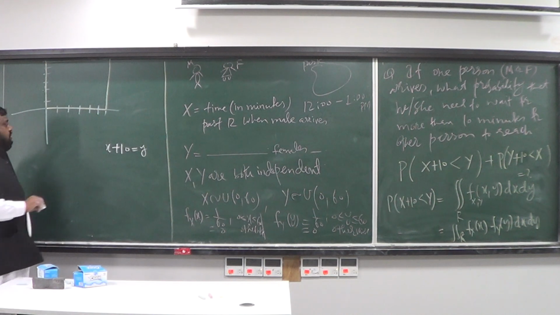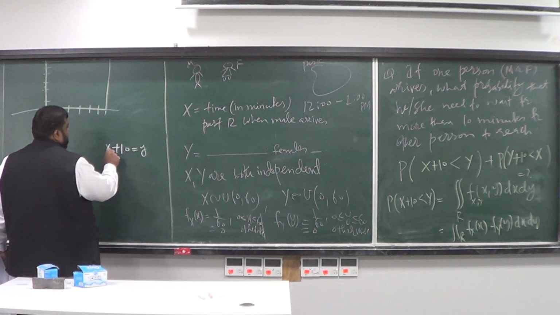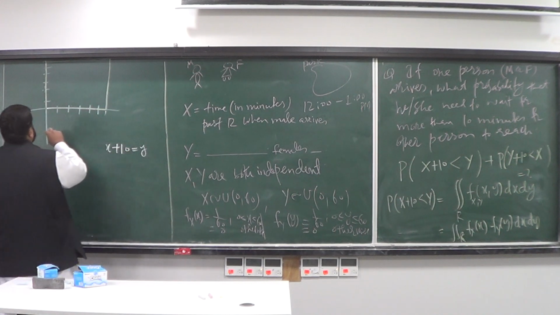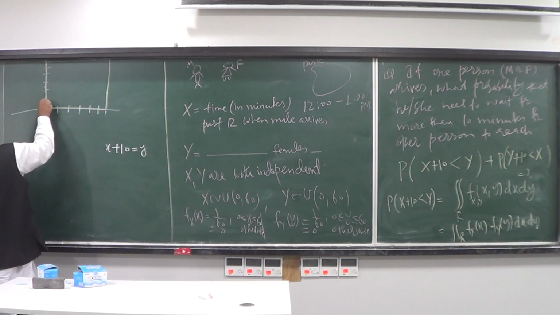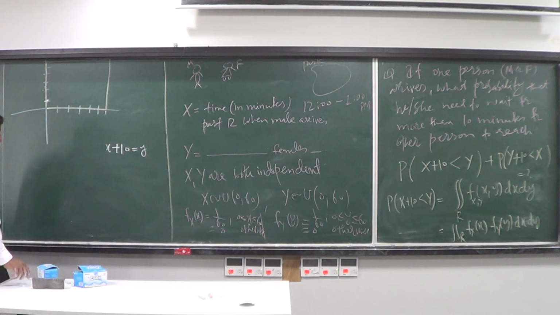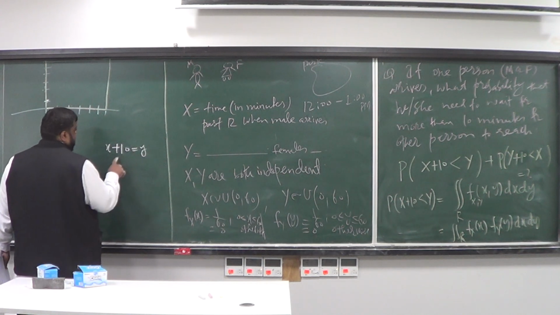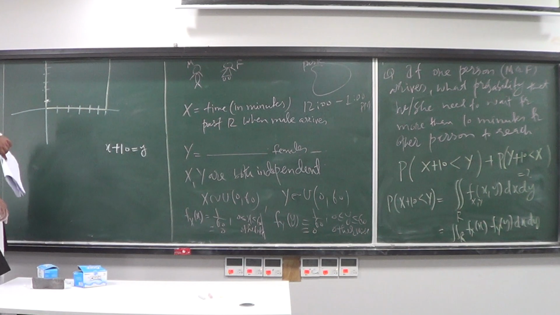If you substitute x equal to 0, then y would be 10. So if x is 0, y is 10, and if y is 0, x is negative 10.